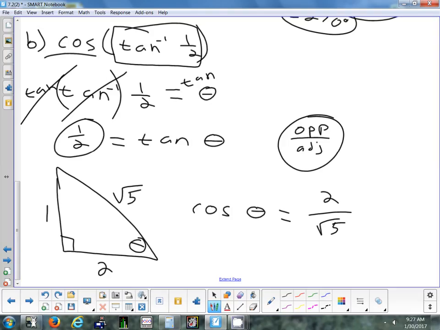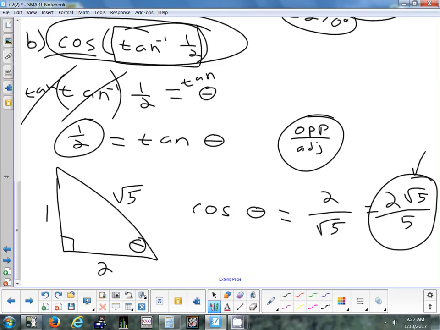That's it. That's the answer. Or if they fix it so the root's not in the bottom, 2 square root 5 over 5. I'm not going to check it, but if you type this in on your calculator, you will get exactly the same thing.